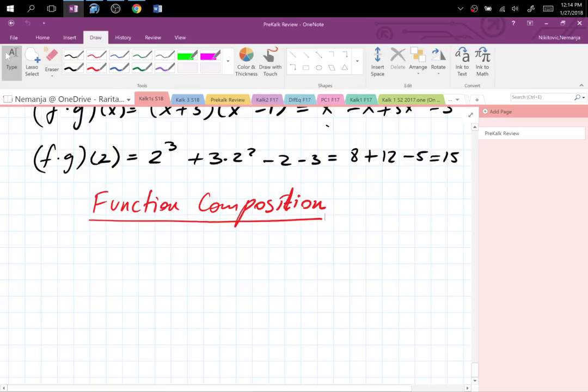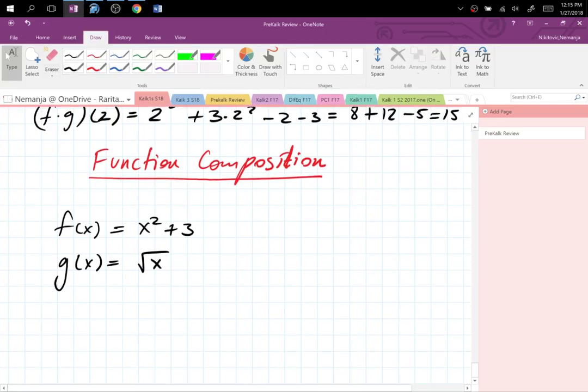So the way this works is you have function f of x, which is, say, x squared plus 3. And you have function g of x, which is, let's say, just square root of x. Now, you can make the function composition by composing f with g, which is this symbol.